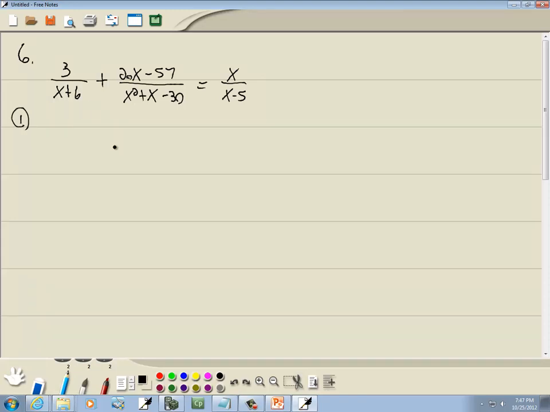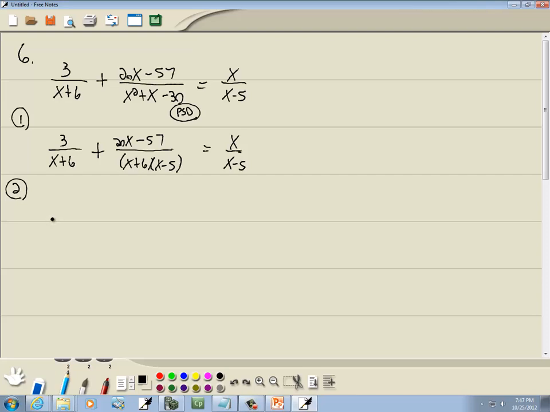Step 1, factor all of your denominators. X plus 6 is okay, x minus 5 is okay. This one is the PSD. So we got 3 over x plus 6 plus 20x minus 57 over x plus 6 times x minus 5 equals x over x minus 5.